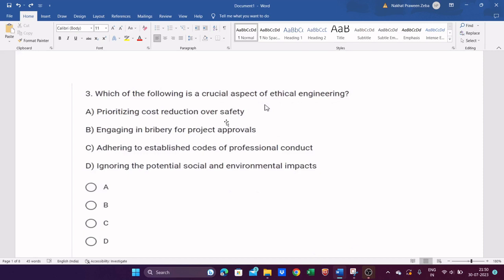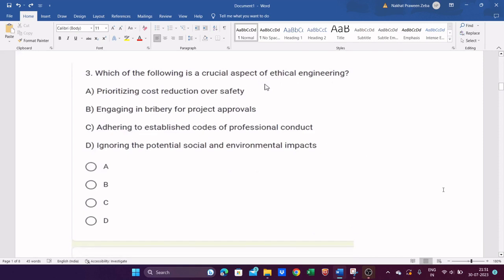No. Prioritizing cost reduction over safety, no. Cost reduction can be there, but safety is most important, not the cost. So I think adhering to established codes of professional conduct is the right answer, but I'm not sure. So you can also check from your side.